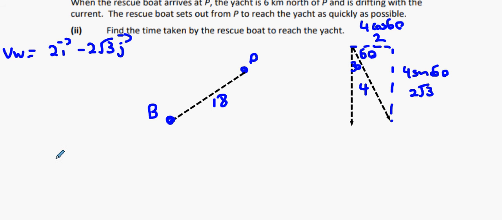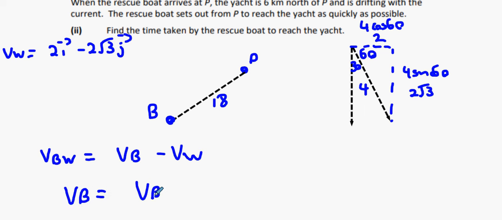Alright, so velocity of the boat in water is the velocity of the boat minus the velocity of the water. The actual velocity of the boat is the velocity of the boat in still water plus the velocity of the water. Alright, very similar to crossing the river, isn't it?